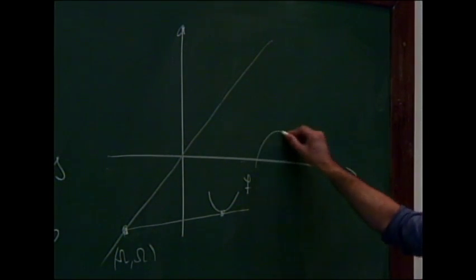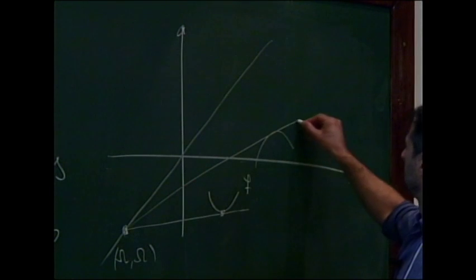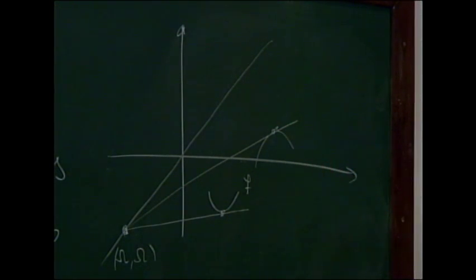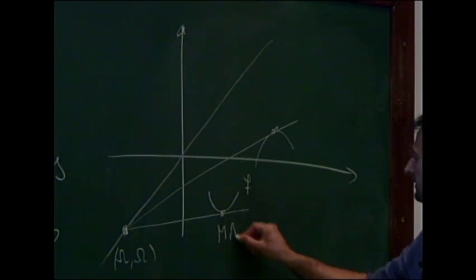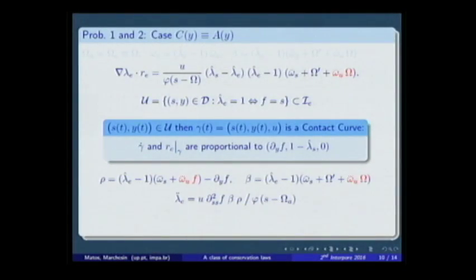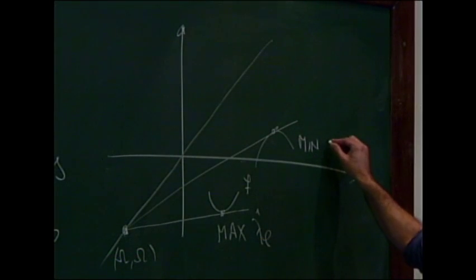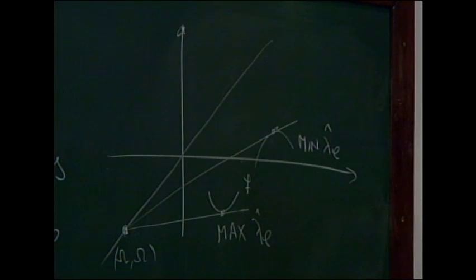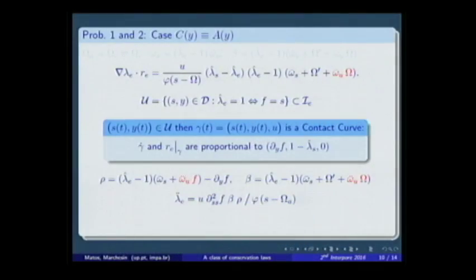If we have something close here like this, this is a maximum of lambda E, and if these functions do not change sign, here is obviously a minimum. But if some of these functions change sign, something different happens.